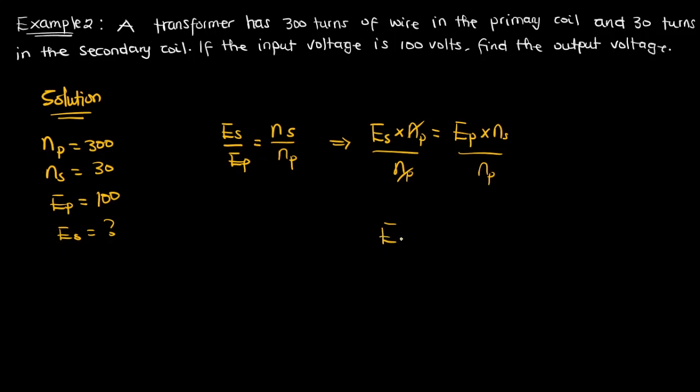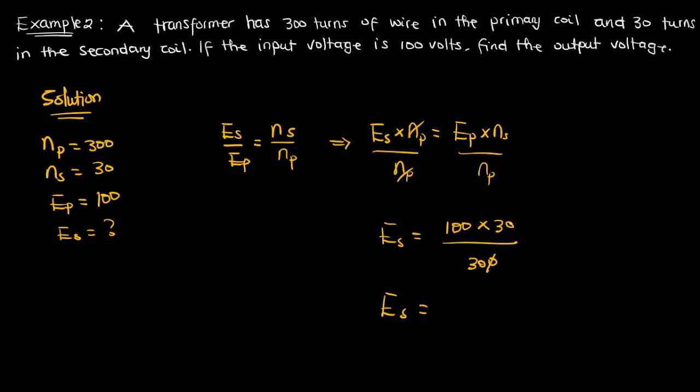So my ES is equal to my EP, which is 100, the primary voltage, multiplied by my secondary turns, which is 30, divided by the primary turns NP, which is 300. So from here we can compute to find our output voltage.